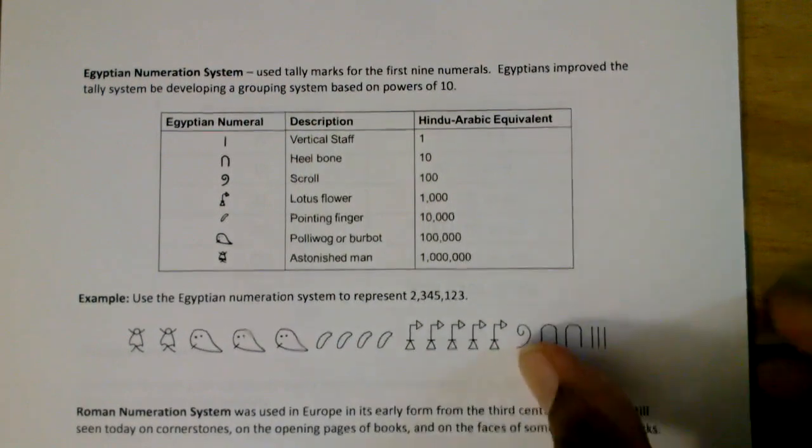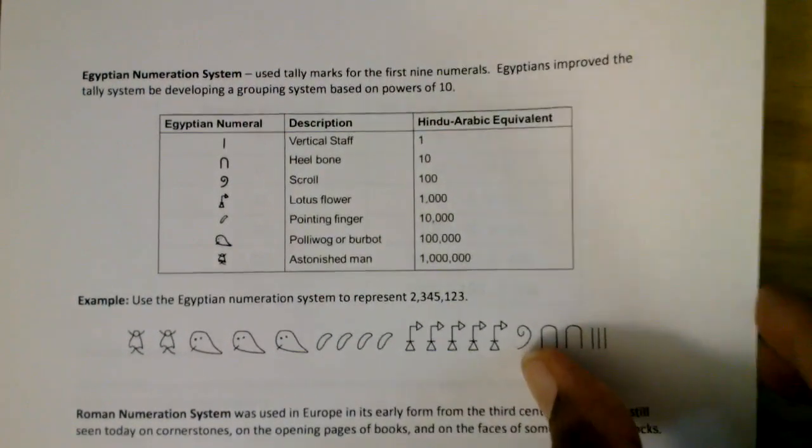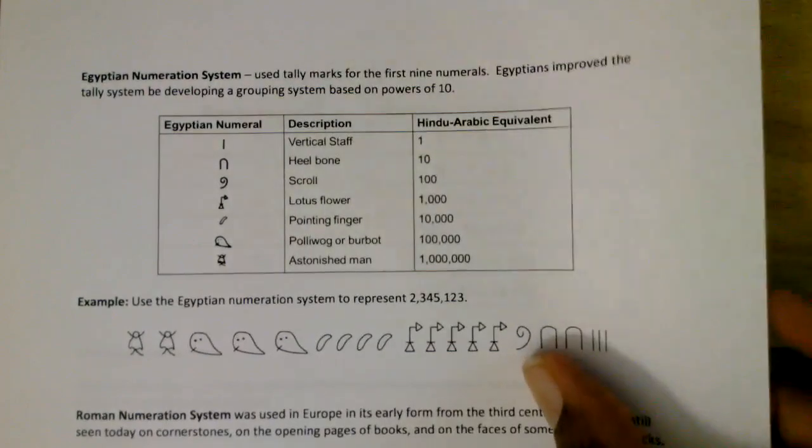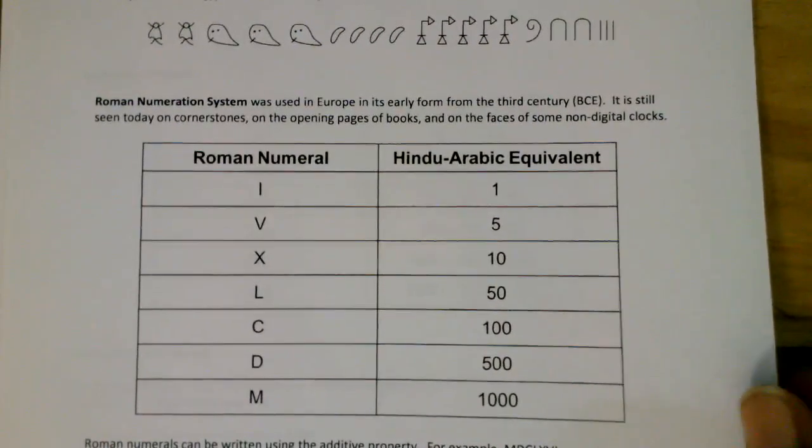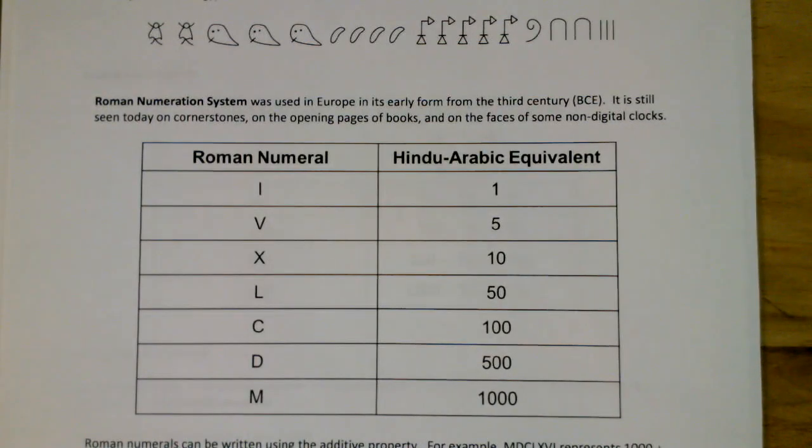All right, now the numeration system that we're going to focus more on is the Roman numeration system. And this was used in Europe in its early form from the 3rd century. It is still seen today on cornerstones, on the opening pages of books, and on the faces of some non-digital clocks.